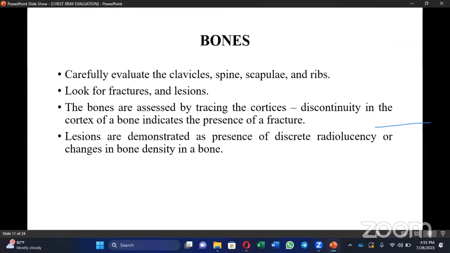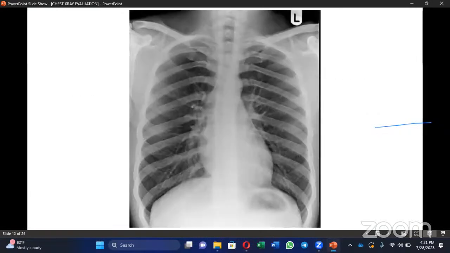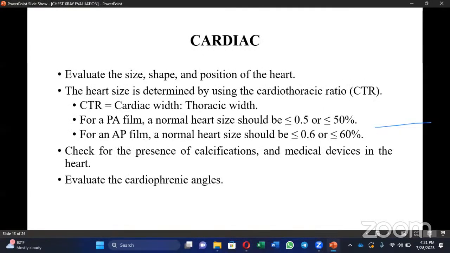Now let's move on to the C, which is for cardiac. It means that anything relating to the heart that we see on the radiograph, we should assess. So for the cardiac, we look at the heart size, the shape and the position.